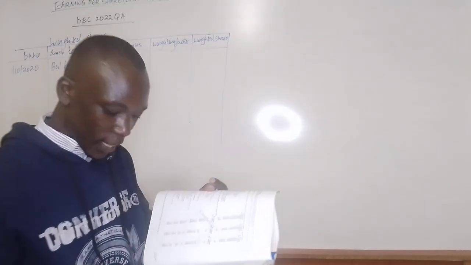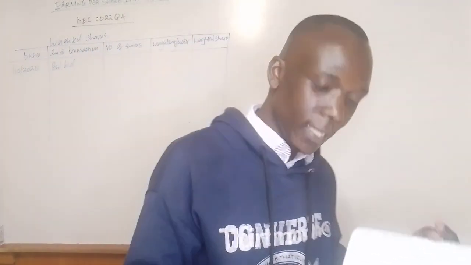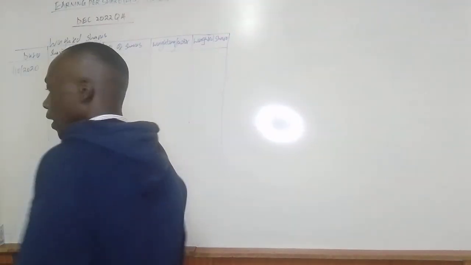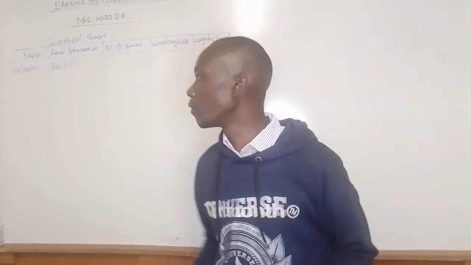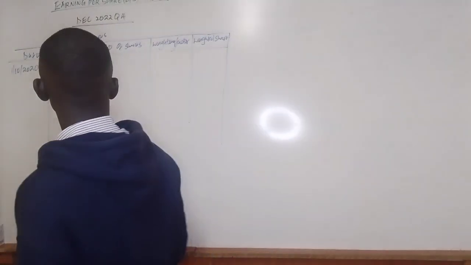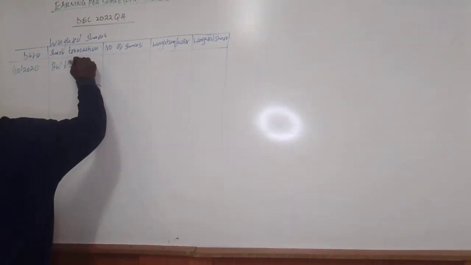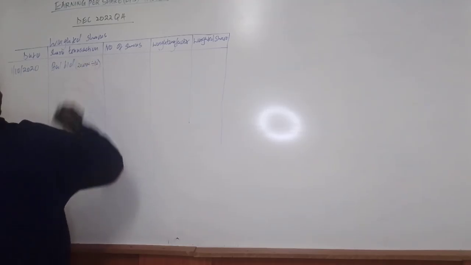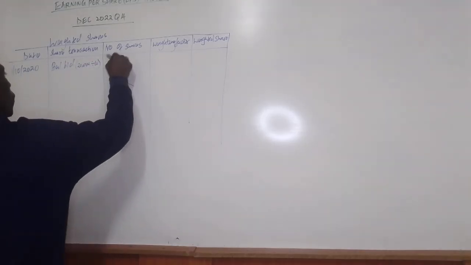We are told that the par value is 10 and the share capital is 20,000. So you take the share capital, then you divide by the par value for you to get the number of shares. In this case, it is 20,000, then you divide by 10 for you to get how many shares?